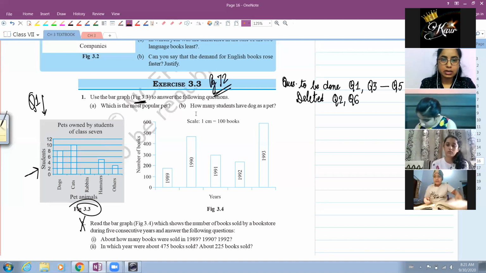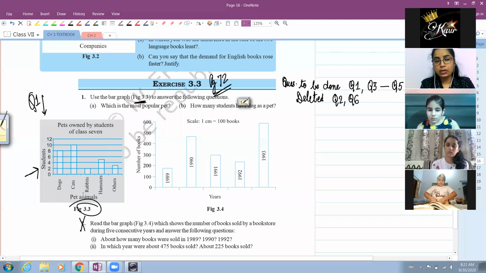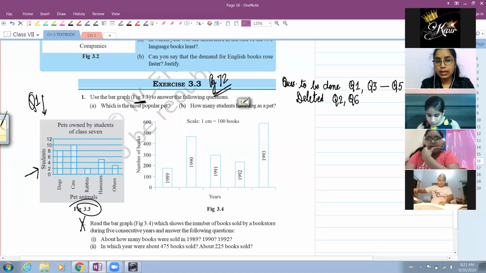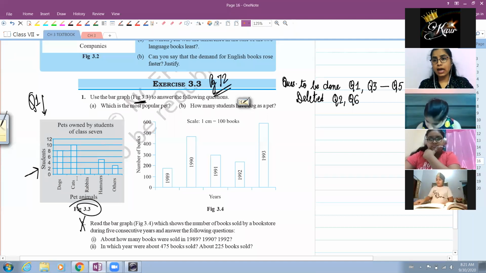Okay. So what we have here is, if we look at the rectangle for dogs, how tall is it? The height of the bar for the dogs is reaching counting 8. So there are 8 students who have dogs as their pets. How many students have cats as their pet? 10.